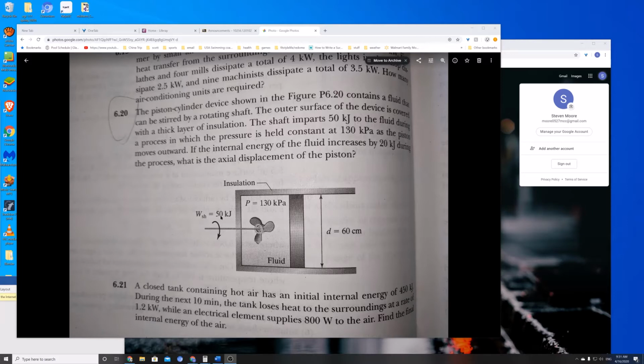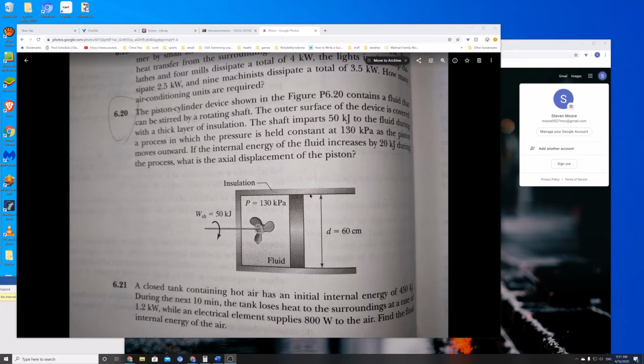And some portion of that shaft work is being done to perform work, which is having the piston moving out to the right. And the work that's being done here is defined as boundary work. So let's take a look at how we might go about solving it.